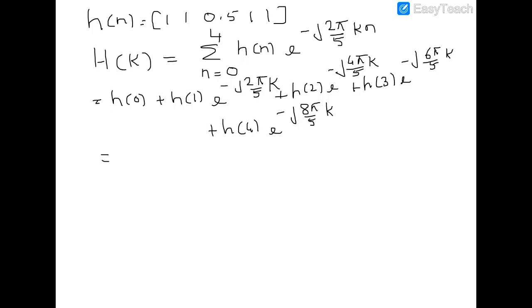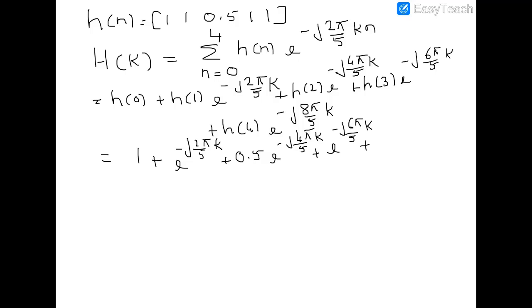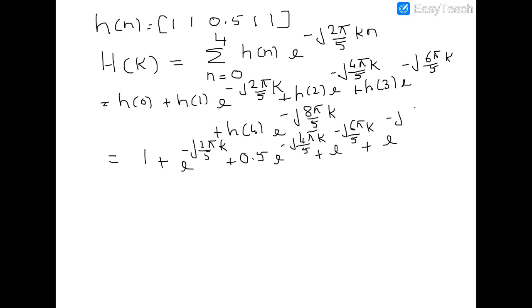H of 0 is 1, h of 1 is 1, so we get e to the power minus j 2 pi by 5 k. h of 2 is 0.5, e to the power minus j 4 pi by 5 k. h of 3 is 1, e to the power minus j 6 pi by 5 k, plus h of 4 is also 1, e to the power minus j 8 pi by 5 k.